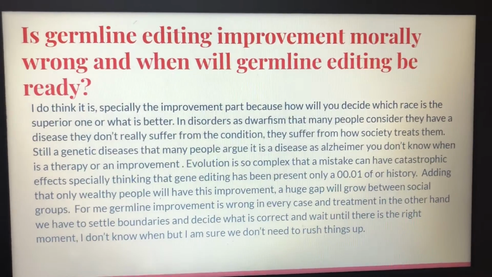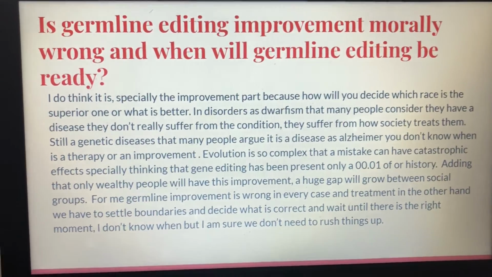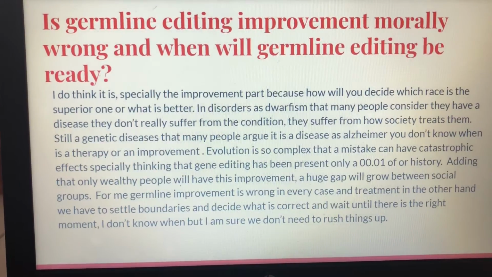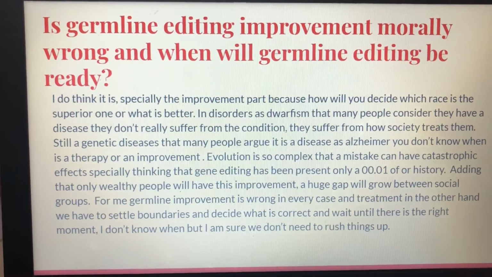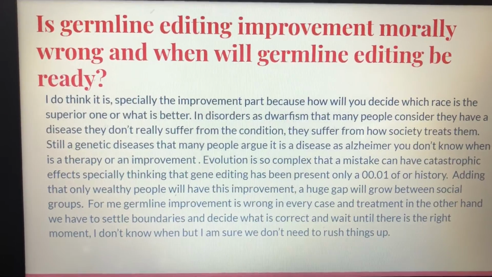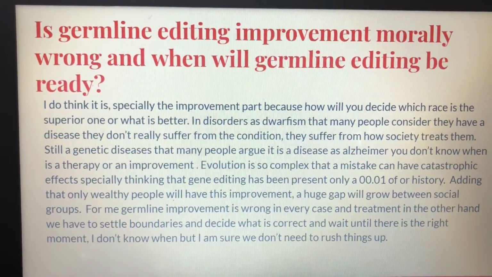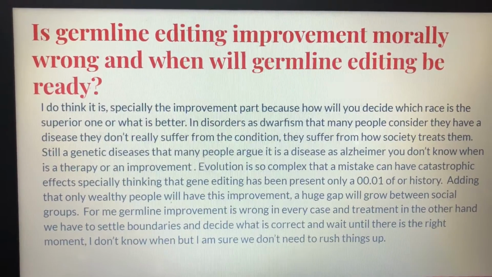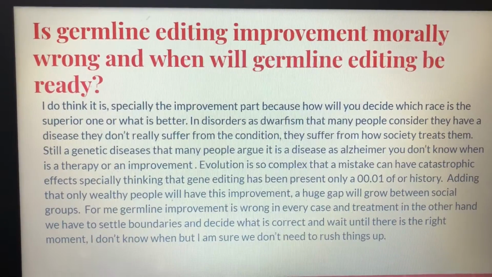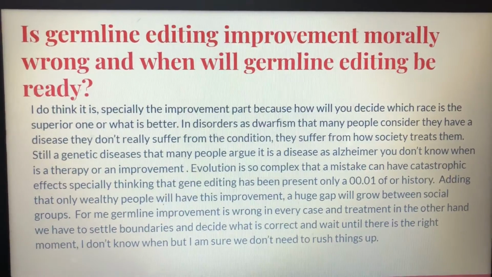It is controversial in that part. Evolution is so complex that a mistake can have catastrophic effects, especially considering that gene editing has been present for only 0.01 of human history. We shouldn't take chances with something relatively new.